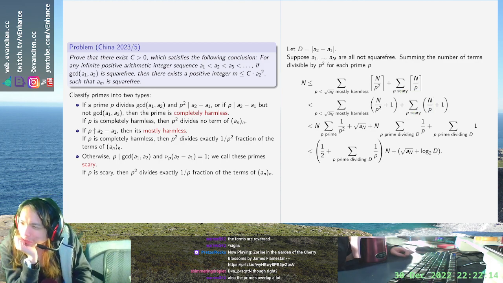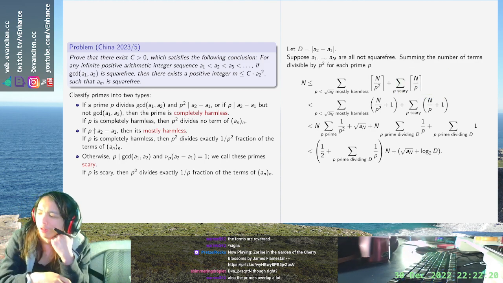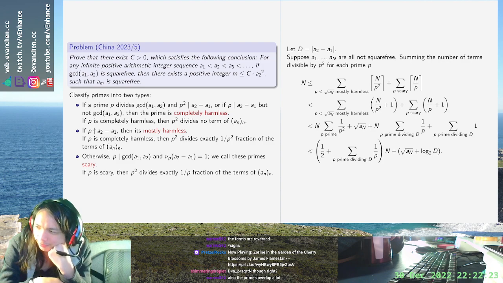I was hoping I wouldn't have to use that. Maybe I do. If there's just a lot of primes, can this thing overtake n? It can, right? Because n over p is like your coefficient in front of the n.